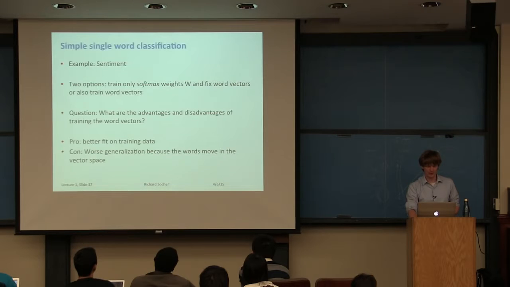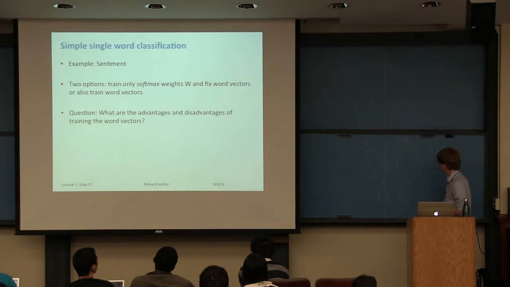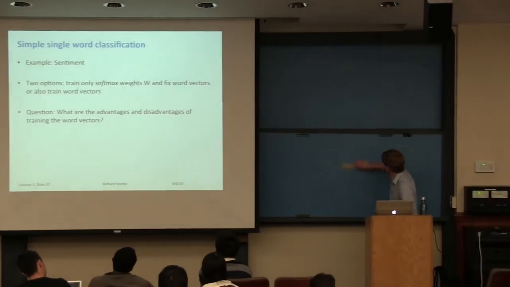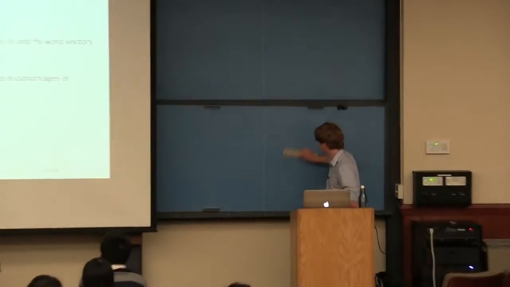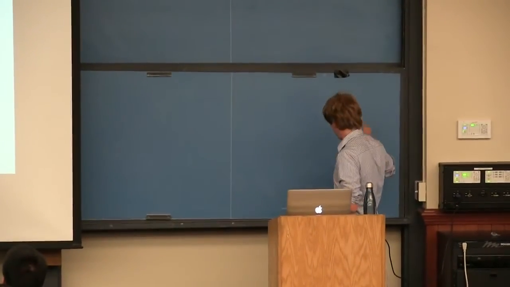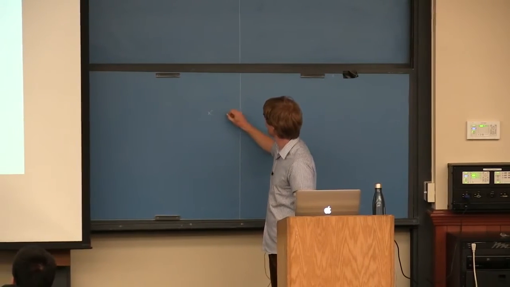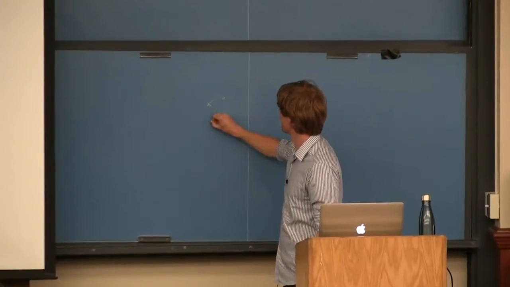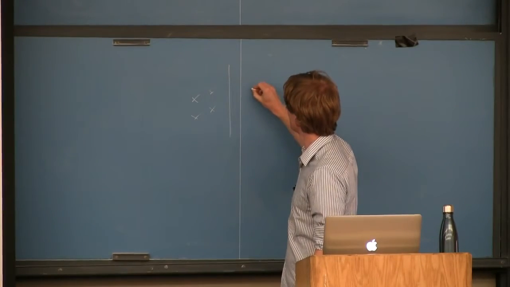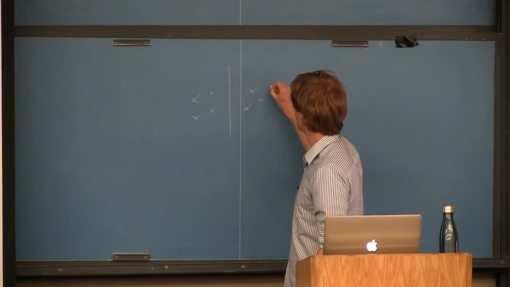Okay, so now maybe this looked a little messy, so I'll try to describe it again, and then hopefully you have an idea. Imagine you have a bunch of word vectors that are in this space right here, and you have a bunch of other word vectors right here.